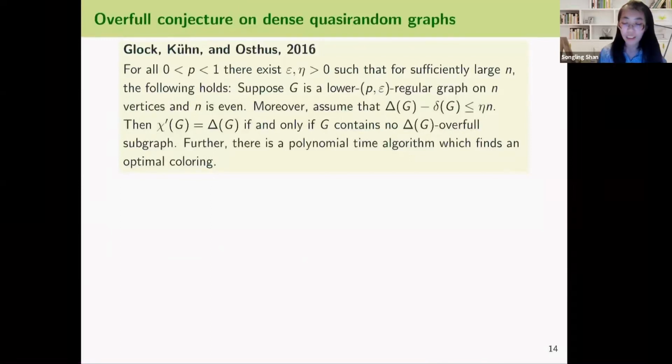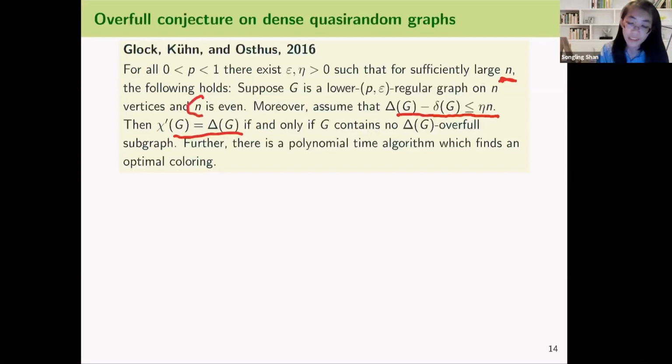So Glock, Kühn, and coauthors in 2016 proved that given a lower (p, epsilon)-regular graph on n vertices, where n is sufficiently large, as long as the difference between the maximum degree and the minimum degree is small, then the graph is class 1 if and only if it contains no Delta(G)-overfull subgraph.